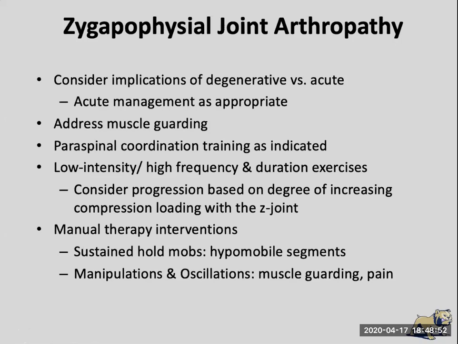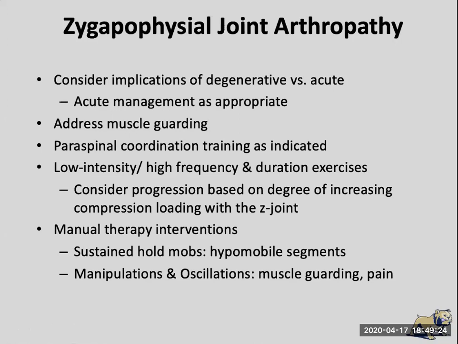And our manual therapy interventions, we might be more likely to work on sustained hold mobilizations, so those stretch type mobilizations, if we're talking about hypermobility, which we would be more likely to find in a chronic situation, versus say our oscillations in beginning and mid-range, which we might be more likely to use in a more acute, more irritable type situation.